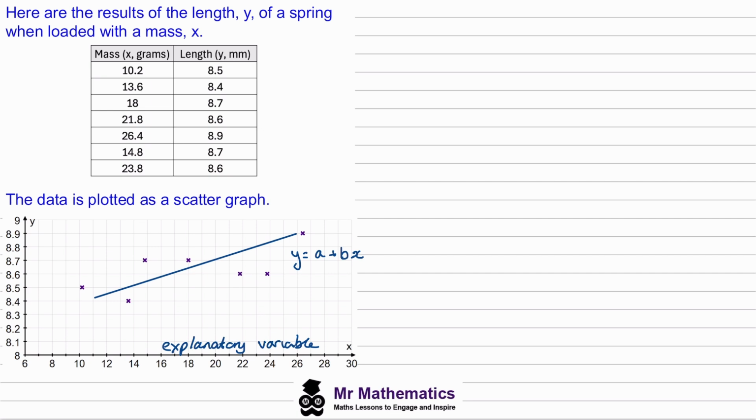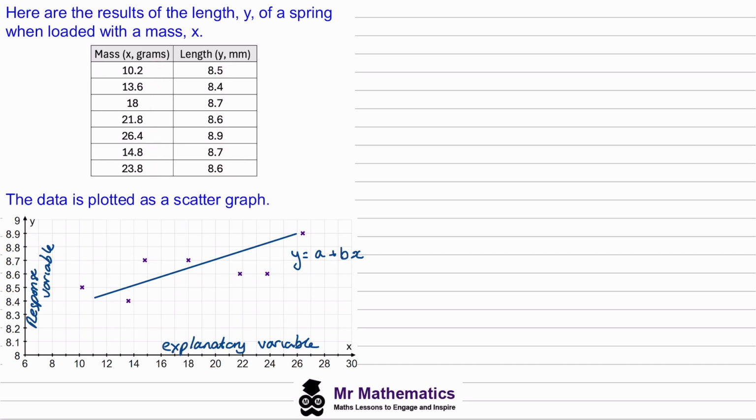And the explanatory variable, also called the independent variable, is the variable that we can directly control. So this is the variable which affects the y value. And the y value we call the response variable, also called the dependent variable. And this is the one that we think is being affected. So for instance, the greater the mass we attach to the spring, the greater the length.